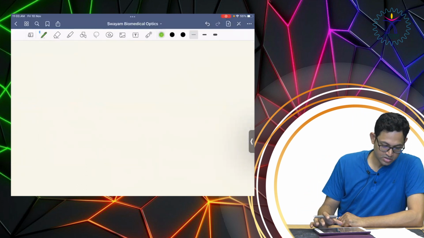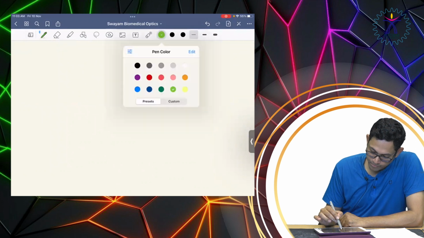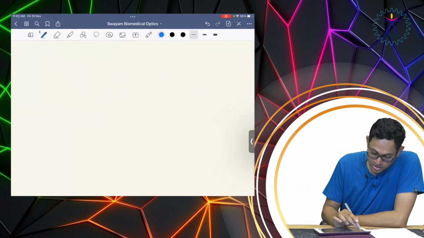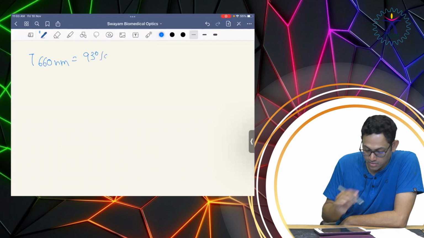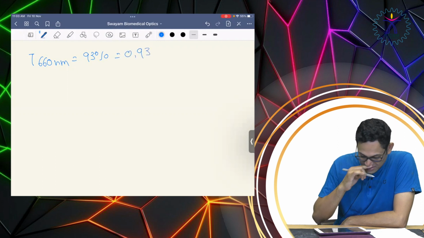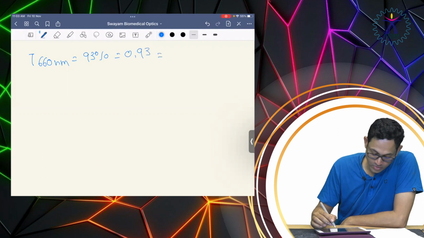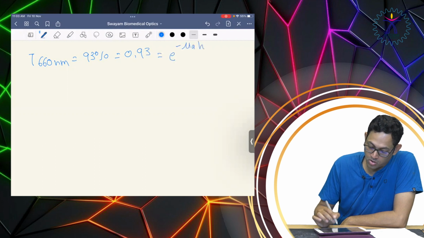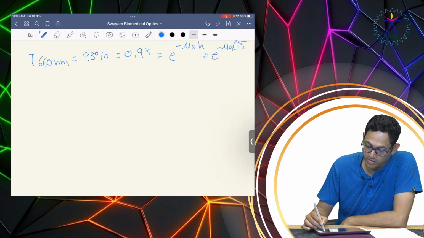Now let us find it out. What is given to us is that the transmittance at 660 nanometers is 93%, that means the transmittance is equal to 0.93. That is equal to exponential of minus mu a into 1.5 centimeters.